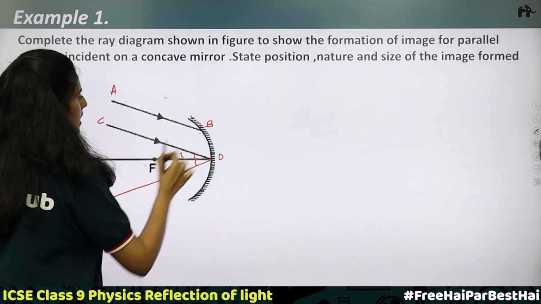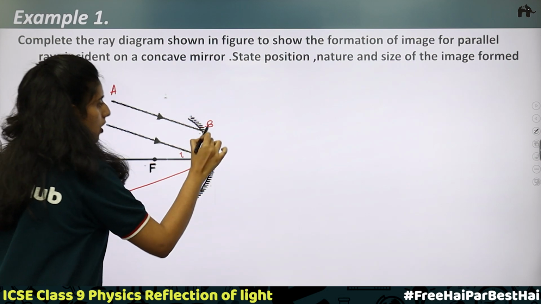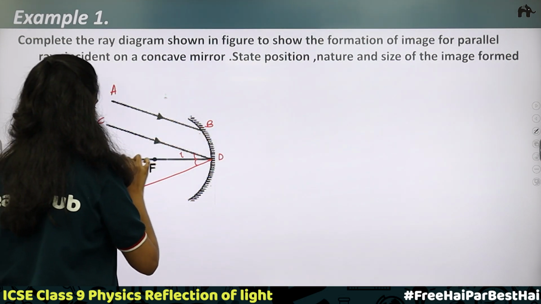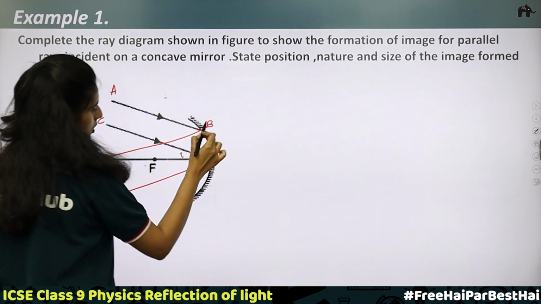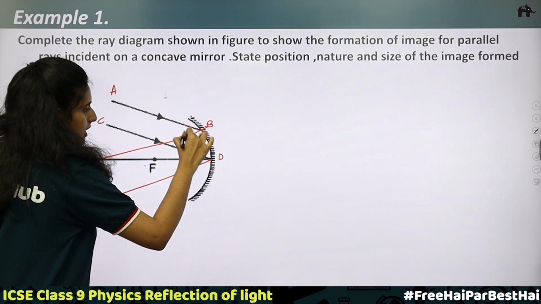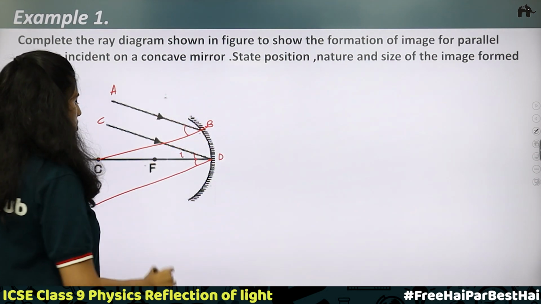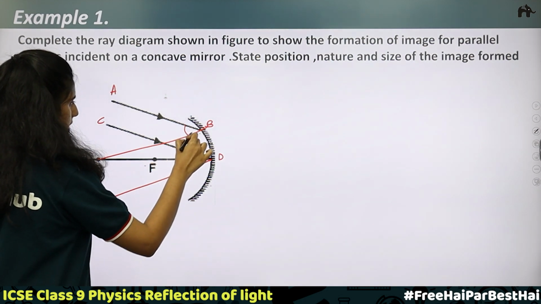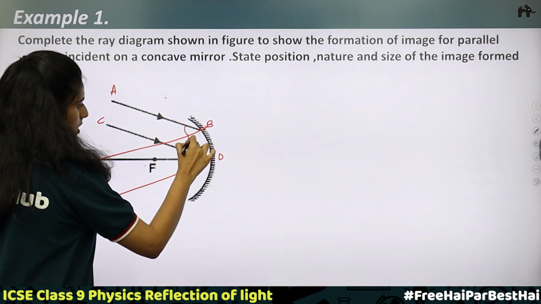Similarly here we can draw a normal. The point of incidence and the center of curvature are considered; draw a line passing through the center of curvature and the point of incidence. So you will get the incident angle. Now you can draw the reflected ray; the same angle should be measured.